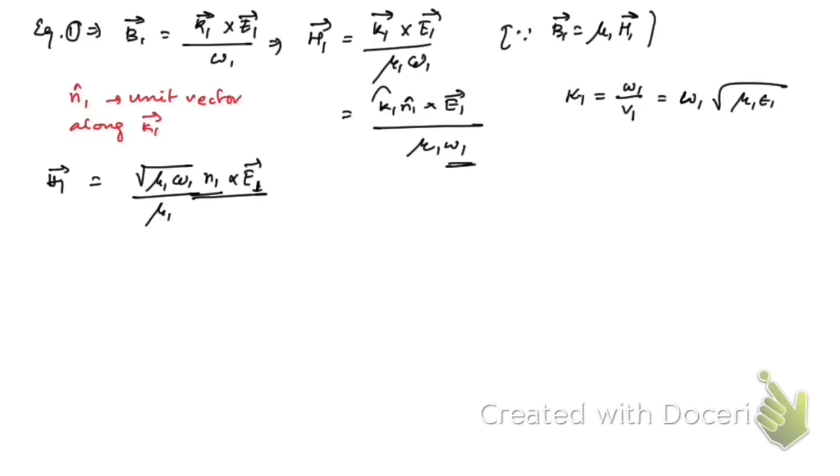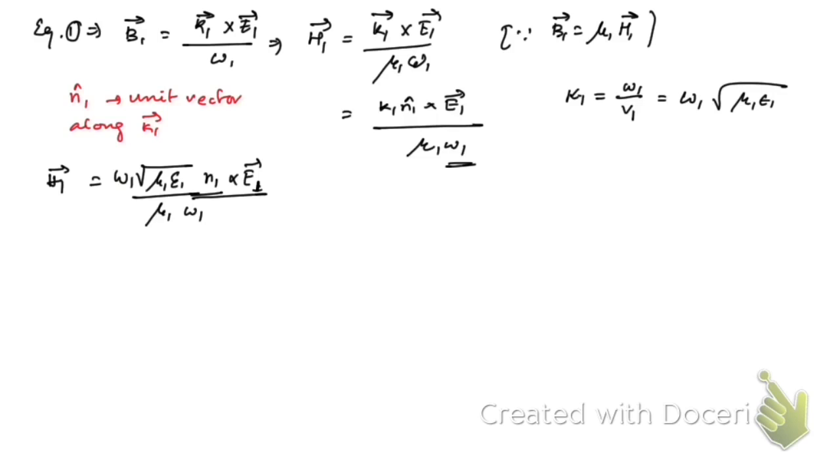And if you replace this k1 by this value of k1, then here you should get epsilon 1, here omega 1, this one omega 1, then omega 1 cancels. That's what you're going to have.